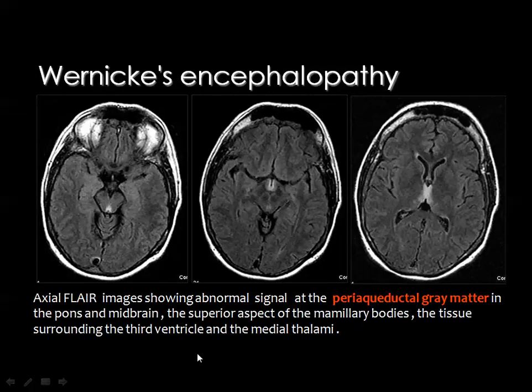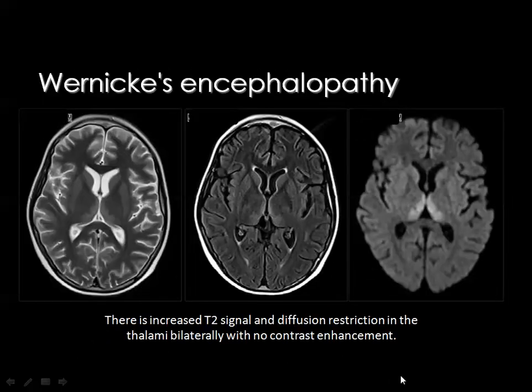And this is also a classic case of Wernicke's encephalopathy by FLAIR-weighted images showing the high signal around the aqueduct, the high signal in the mammillary bodies, and the high signal along the wall of the third ventricle or the medial aspect of both thalami.